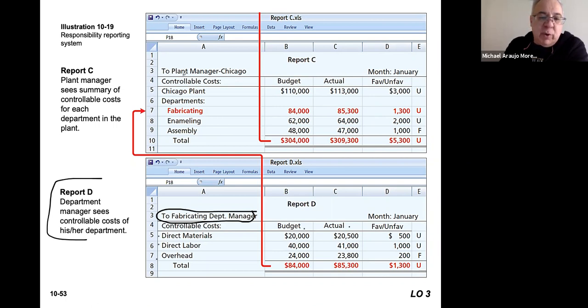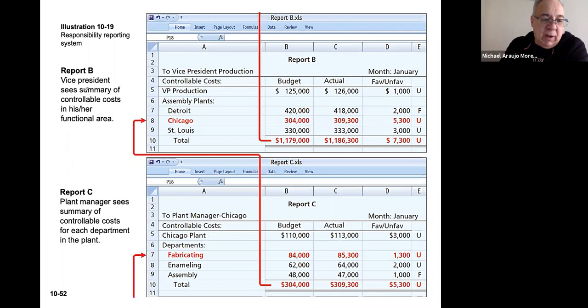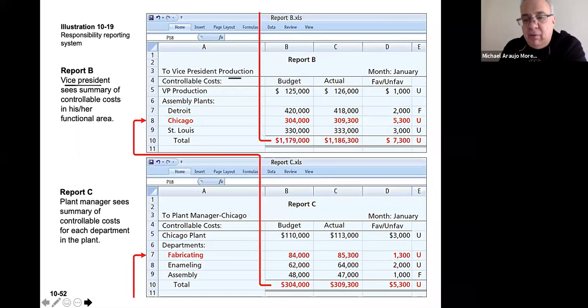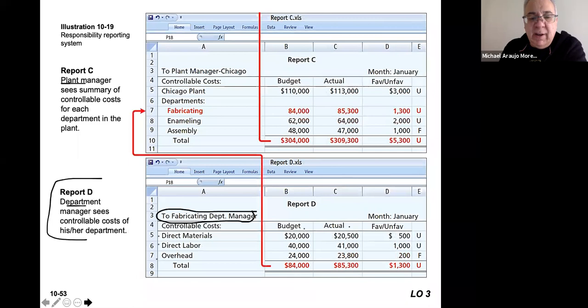And again, it sort of reports up, right? Department manager, plant manager, vice president of all the production, and then finally it goes up to the president. So this is how responsibility accounting would be done.